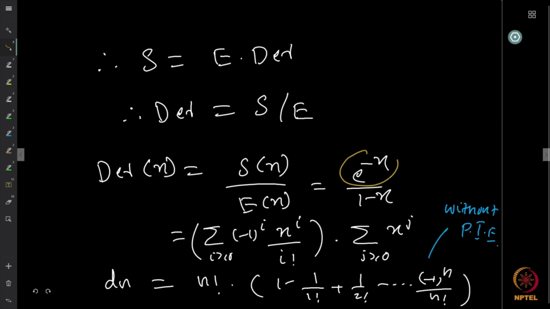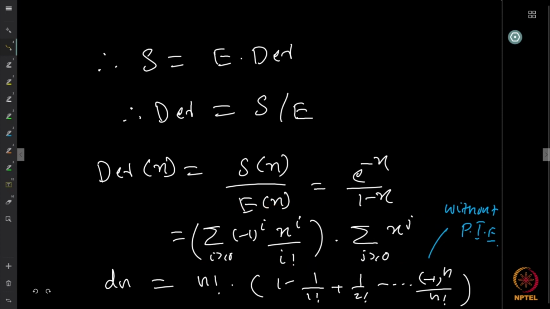Now what is e raised to minus x? If you expand it, it is the summation of minus 1 raised to i, x raised to i by i factorial, where i is greater than or equal to 0, and the summation of x raised to j, where j is greater than or equal to 0, for 1 by 1 minus x. This is the geometric series. Now the product of these two we can find immediately because the coefficients here are just ones.